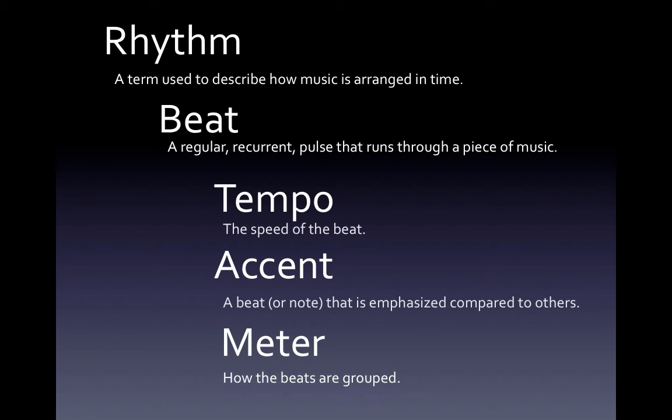Common meters that we'll deal with in this class are groups of 2, like a march, 1, 2, 1, 2, 1, 2. Groups of 3, like a waltz, 1, 2, 3, 1, 2, 3. And groups of 4, 1, 2, 3, 4, 1, 2, 3, 4. Okay, more on meter and rhythm in a later lesson.